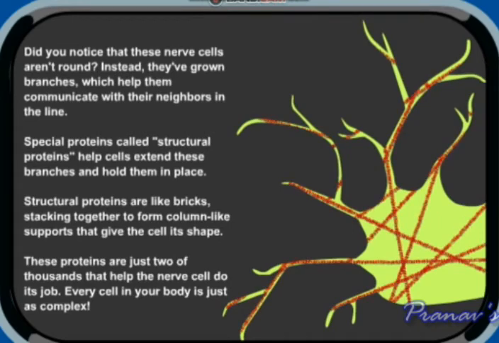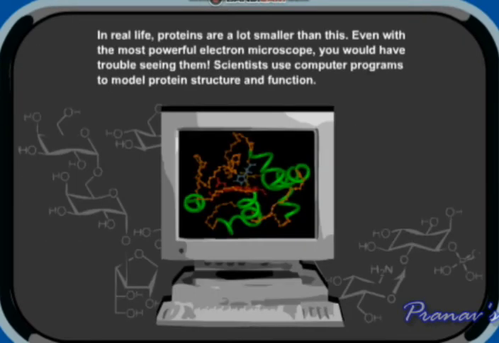Notice the dendrite here. In real life, proteins are a lot smaller than these. Even with the most powerful electron microscope, you would have trouble seeing them. Scientists use computer programs to model protein structure and function.